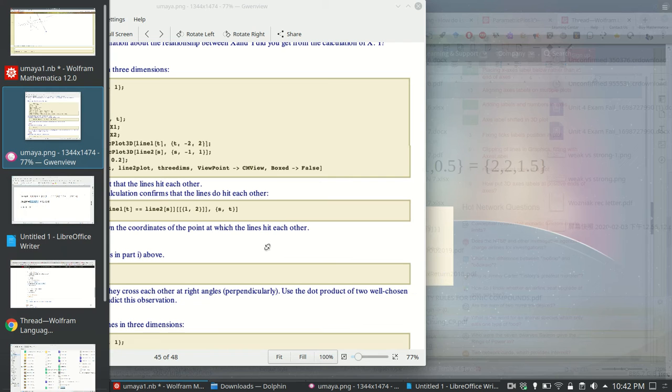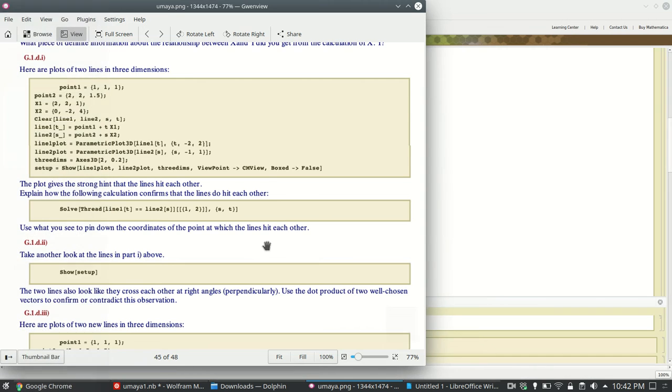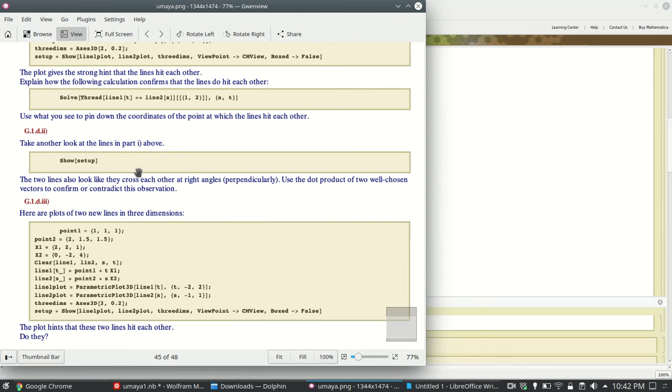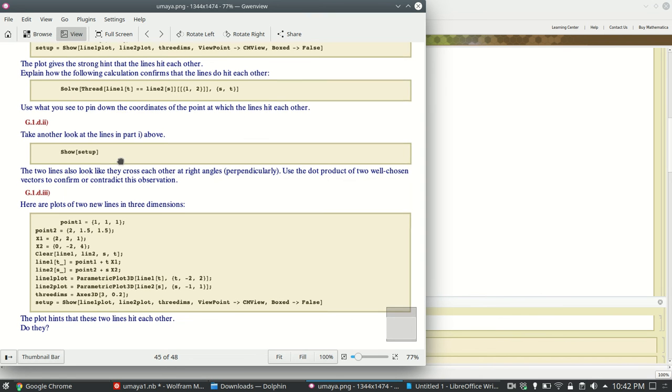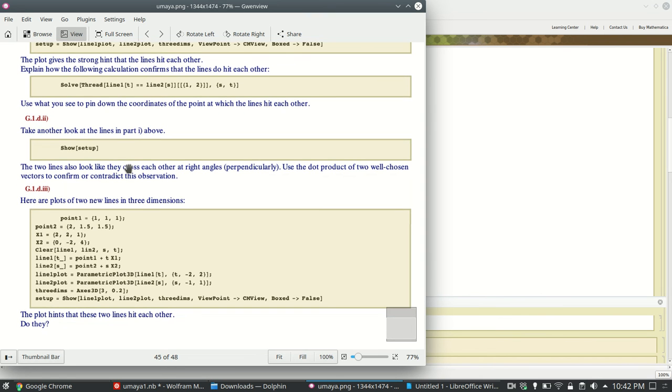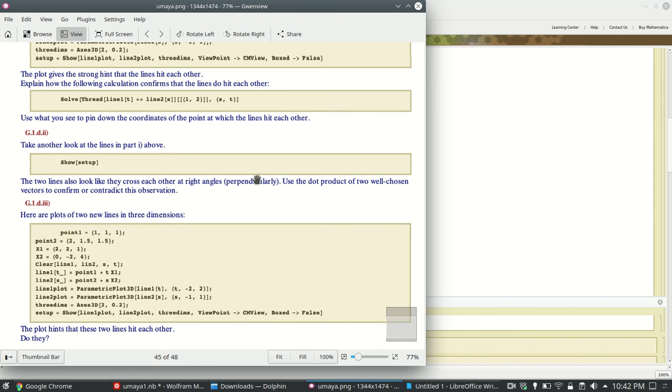Now, the rest of this is problem II. So now in problem II, you have to use the dot product of the two vectors to show that they are perpendicular, right?